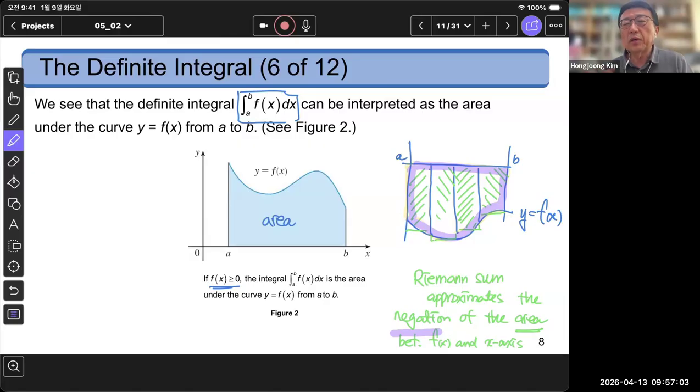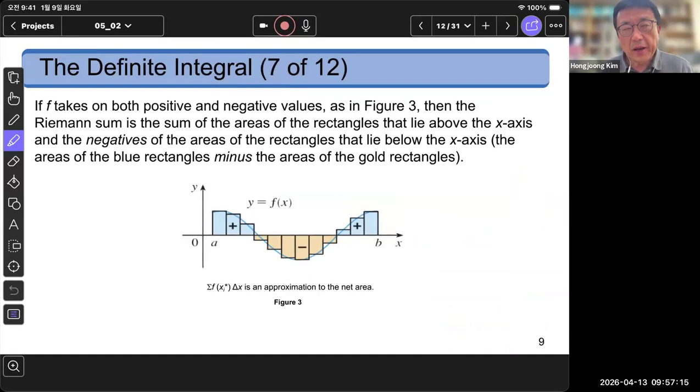So what will be the limit situation as n goes to infinity? If your f of x is negative valued, then the definite integral will represent the negation of the area between the graph and the x-axis.